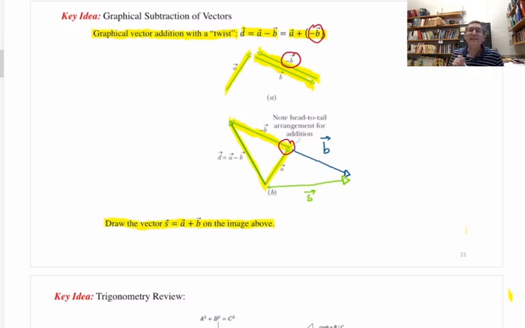We need to be able to make these kinds of sketches with arrows and adding vectors and subtracting them. Okay, there's one more important idea in this video that was from this section, Chapter 3, Section 1 in the book, and it's called Finding the Components of a Vector.